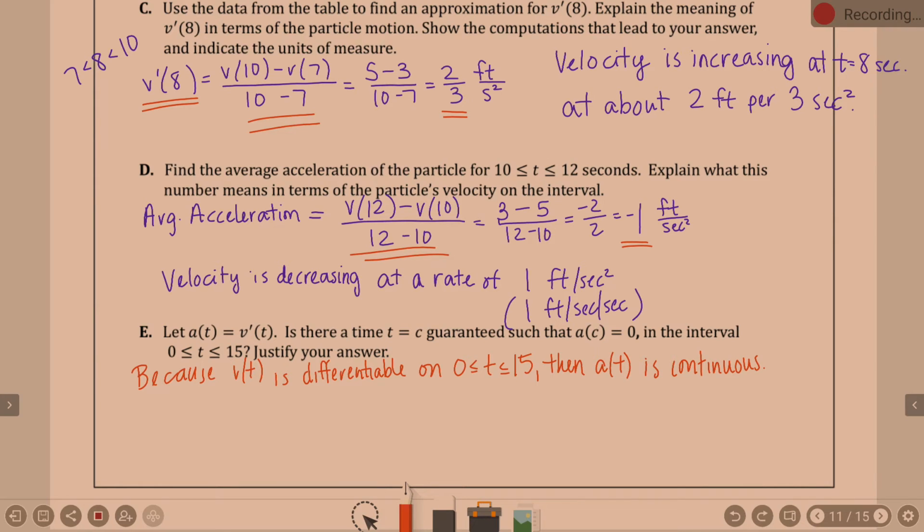Continuous or differentiable? I can't spell differentiable. I'm struggling. Differentiable is the one I've always had trouble with.